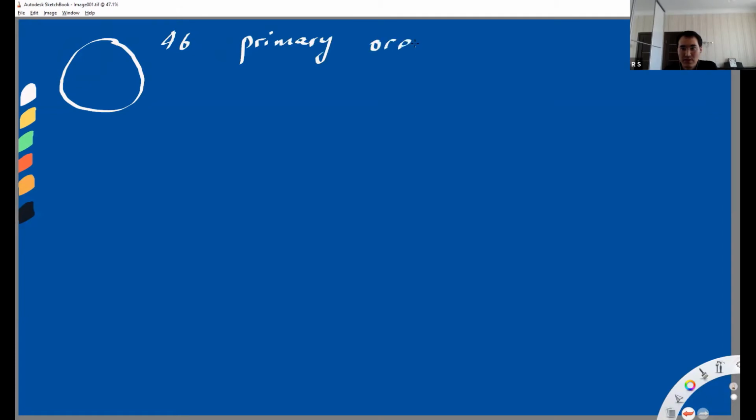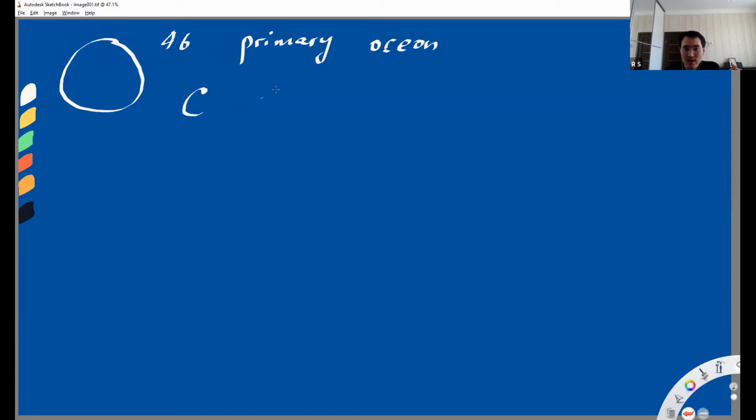In this primary ocean we had all these elements floating in a mix. There were not these sugar molecules or anything else. It was just a mixture of elements.